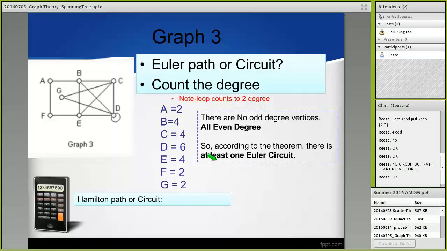Sorry, can you please give me one example of a Hamilton path?